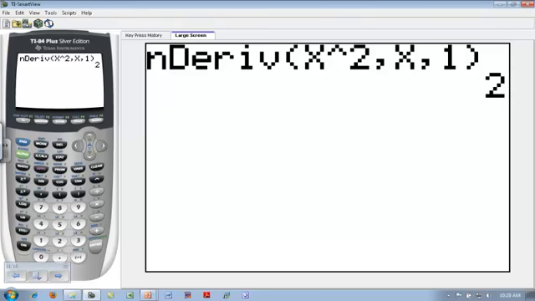It is the variable that we are taking the derivative with respect to. My calculator is different. If you have an upgrade to the operating system, your screen will look different when you say numeric deriv.